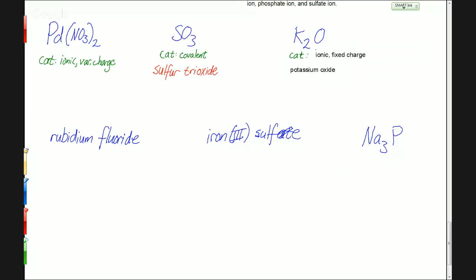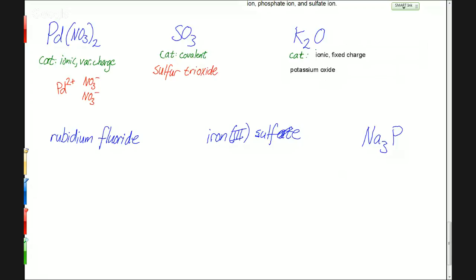That's nitrate. So we want to list those ions, kind of break it apart. NO3 minus, and we've got 2 of those because there's a little 2 outside of the parentheses. So that tells us that our palladium has to have what charge to balance out those 2 minus 1s? Yeah, 2 positives.